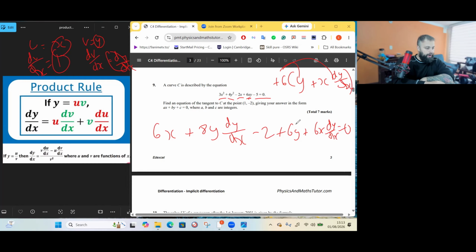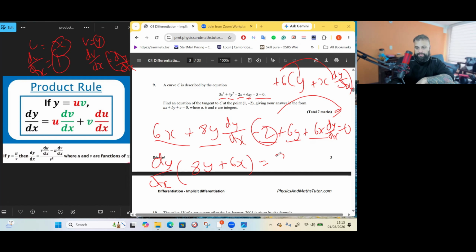And then what I would try and do is make dy by dx the subject. So I'll factorize this, I'll factorize that, and I'll move all of this onto the right-hand side. So it will become +2 minus 6y minus 6x, and it will look like that. And then we just want dy by dx by itself, so we're going to divide by all of this.